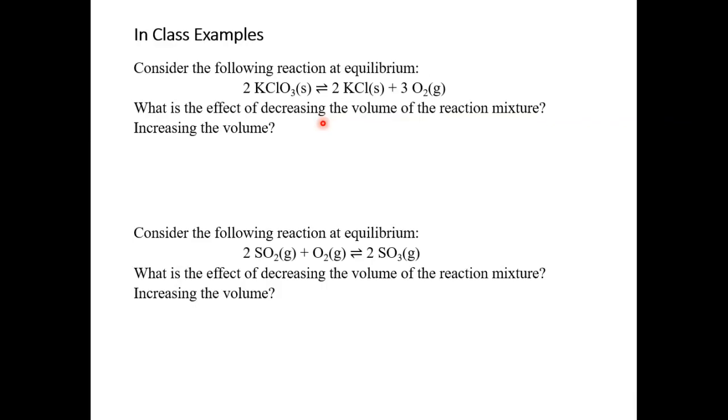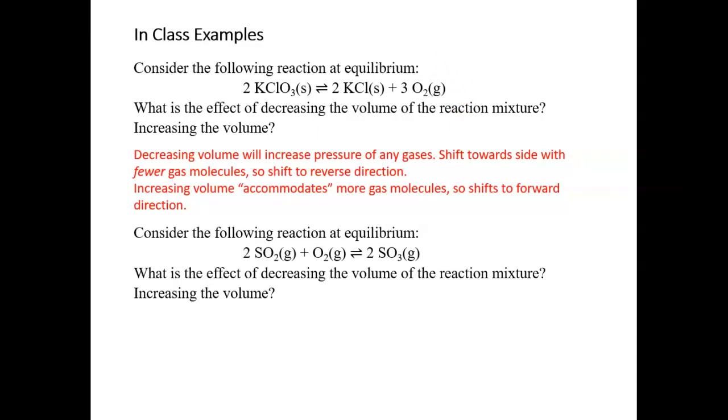So if I decrease the volume of my container, this reaction is absolutely going to shift to the left, to the side with less gas. It's trying to alleviate that increased pressure we caused. Shift to the left. And likewise, if I increase the volume, if I give it more space, which side of the equilibrium is it going to shift towards? It's going to shift to the right, to the product side. Excellent.